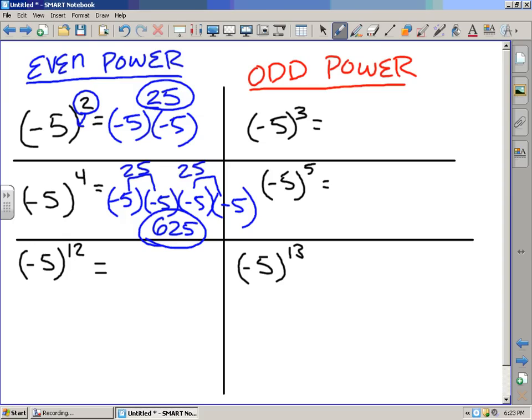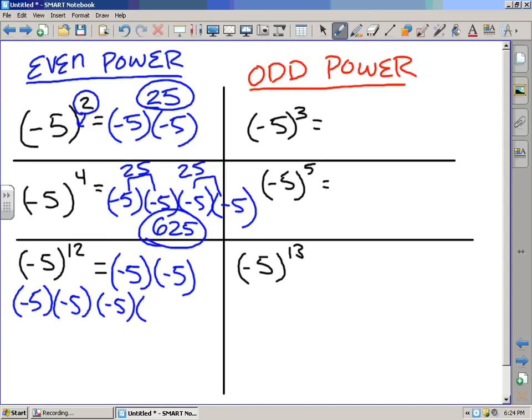And then finally, negative 5 to the 12th power, we multiply negative 5 by itself over and over again, and we write negative 5 12 times. What I want you to notice is that when you have the evens, the even power, you always have a pair.